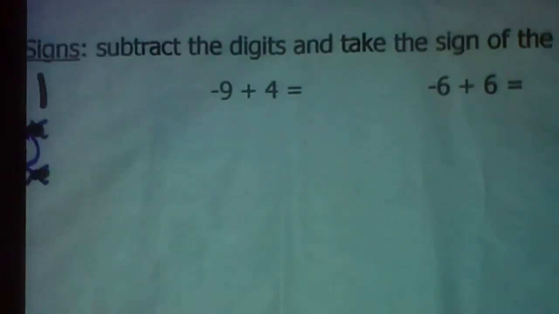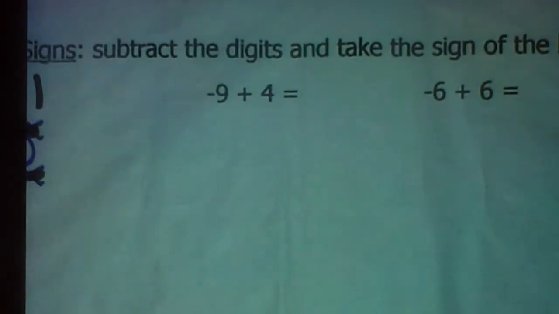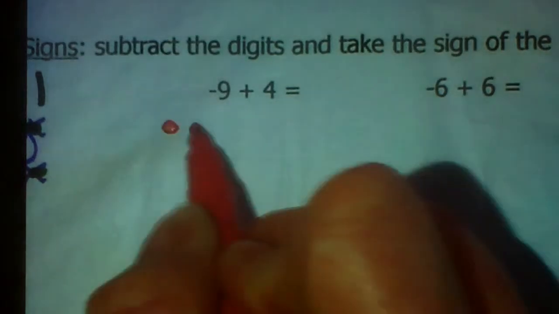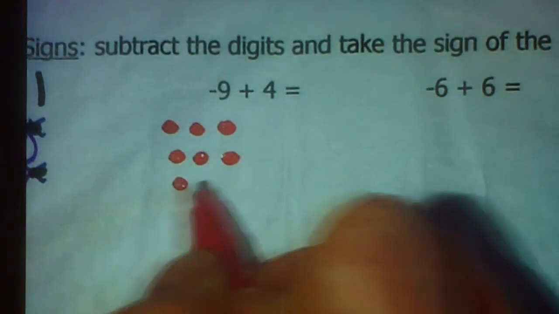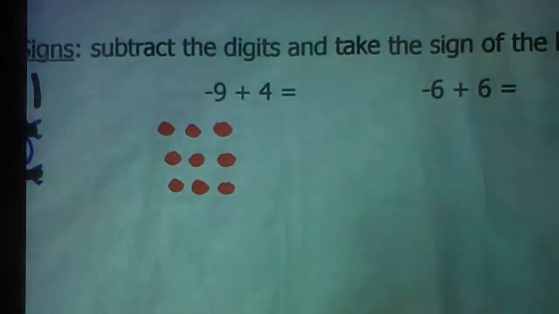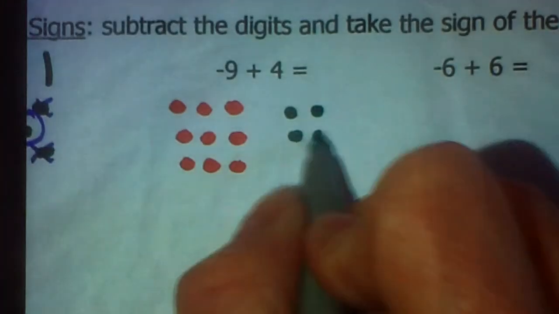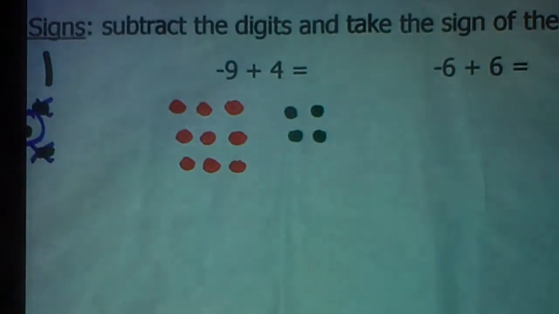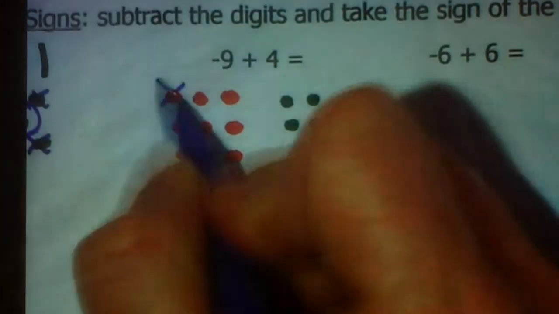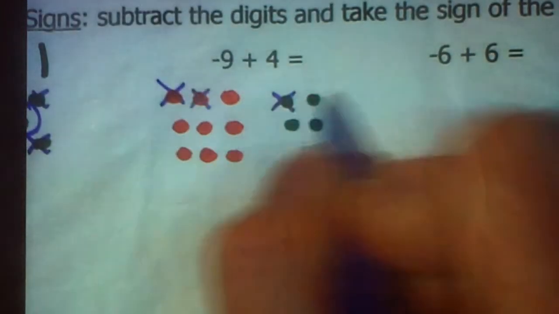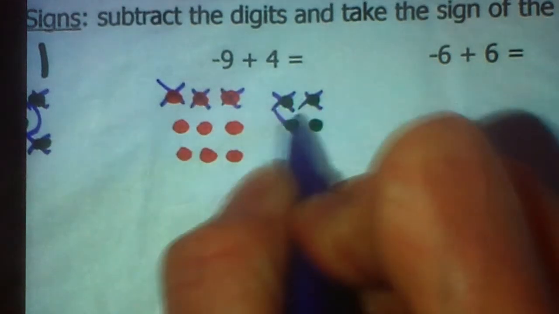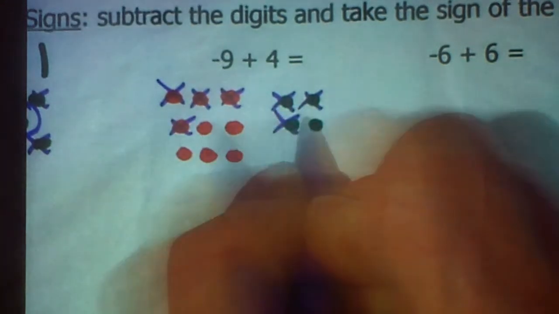All right, next example, -9 plus a positive 4. -9 is going to be represented with 9 red dots. Positive 4 we can represent with 4 green dots. Again, we're going to make all of the 0 pairs that we can. So for every negative and positive that match up, they can cancel out.